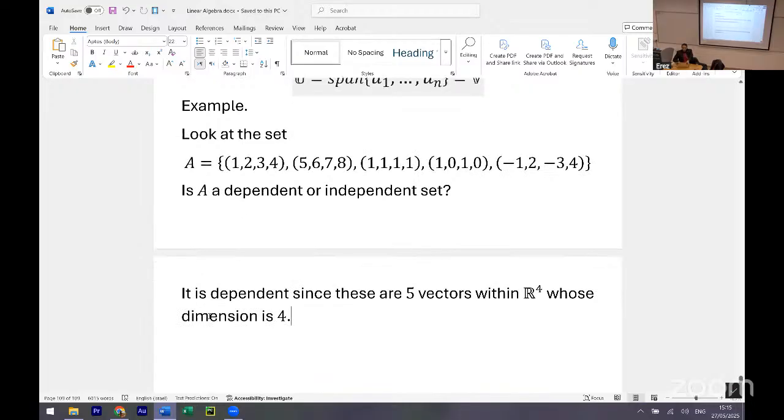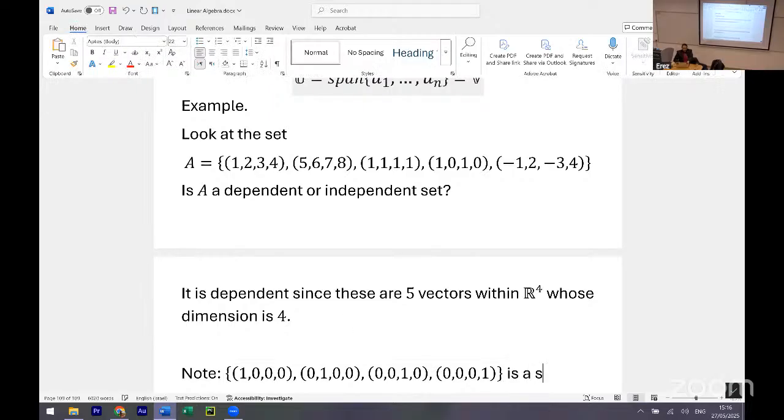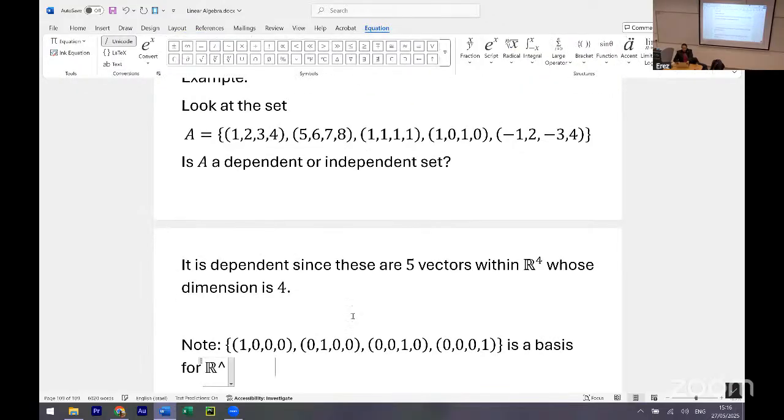And how do we know, by the way, that the dimension of R4 is 4? Number four. 1 0 0 0, 0 1 0 0, 0 0 1 0 and 0 0 0 1 is a basis.